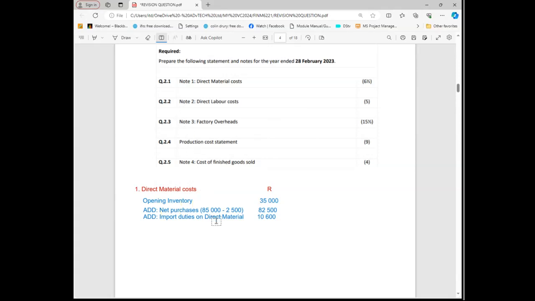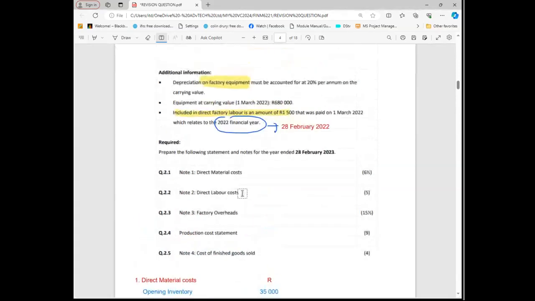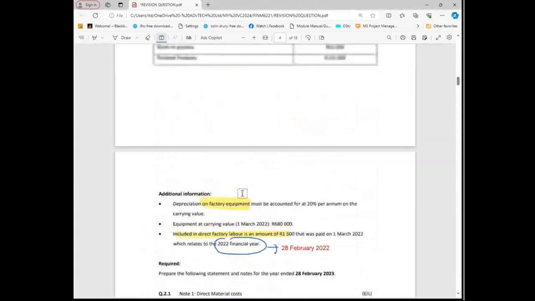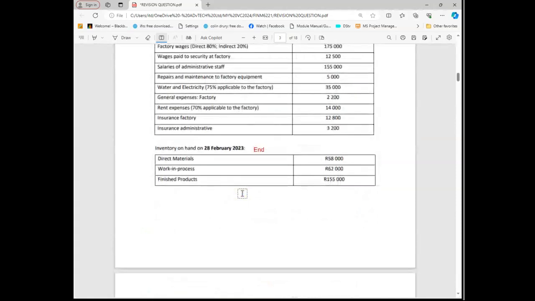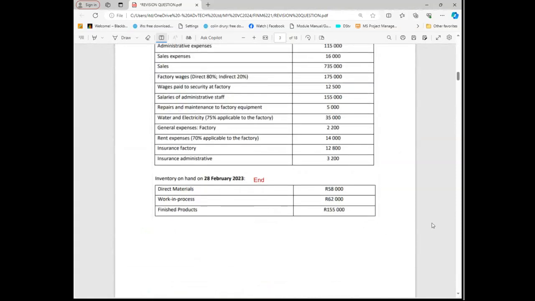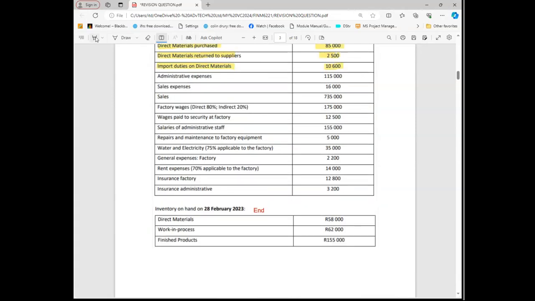So do we have any direct material at the end? Yes, inventory on hand. Will that be the closing balance, basically? That's true.